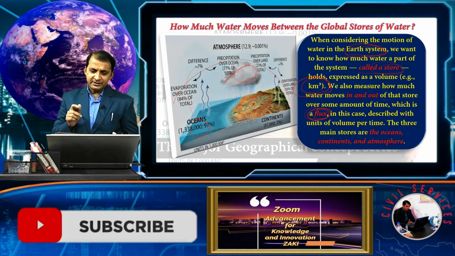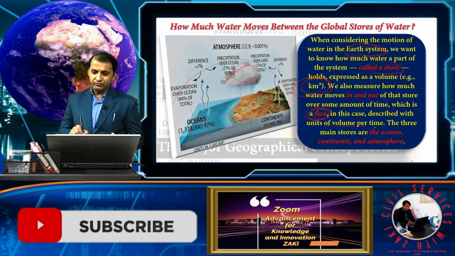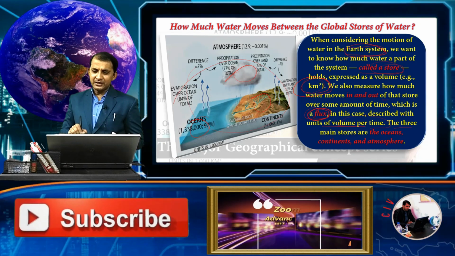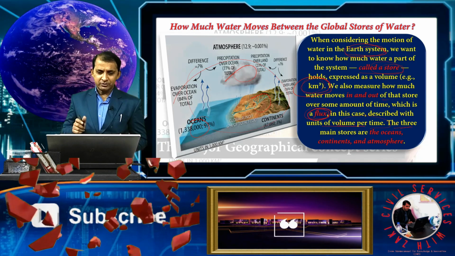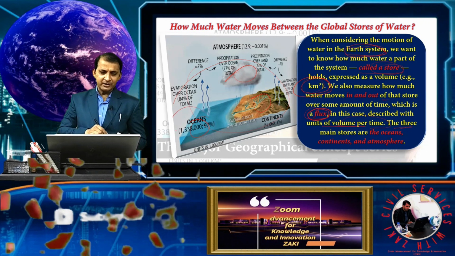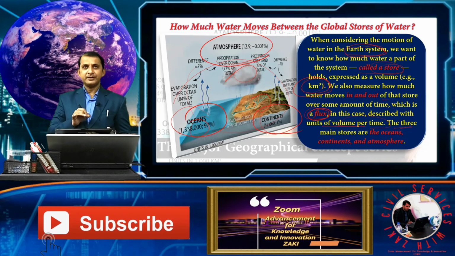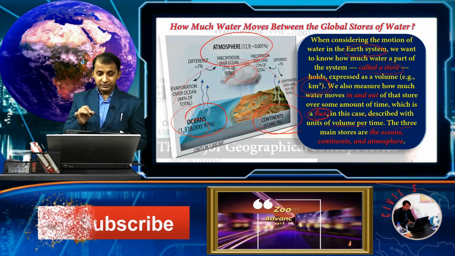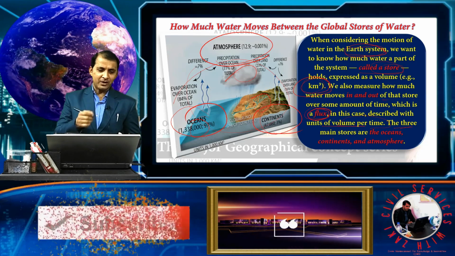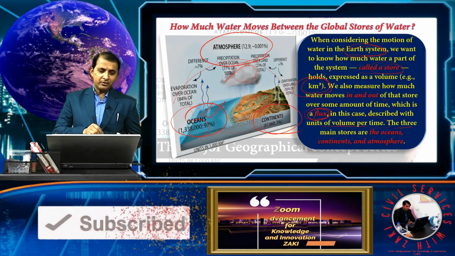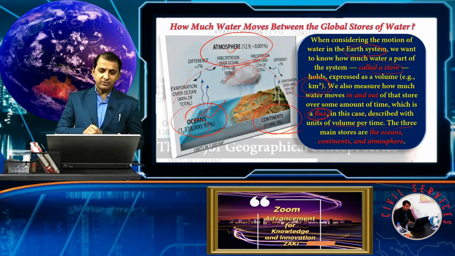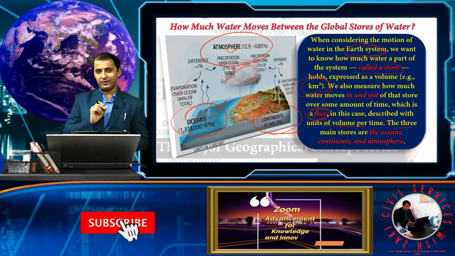It is described with units of volume per time. As you know, there are three stores: ocean, continent and atmosphere. These are the three major stores of our global water. Number one is the ocean, second is the continent, and third is the atmosphere.